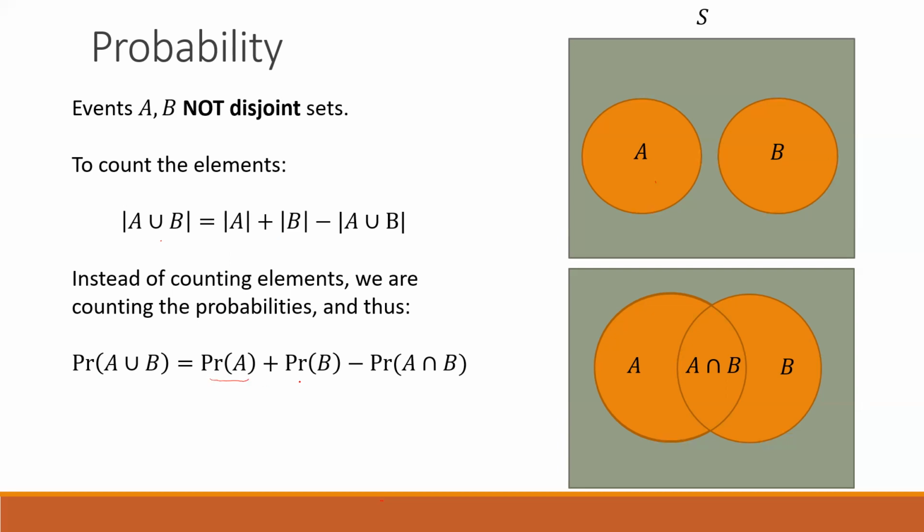So the probability of A plus the probability of B counts the probability of these elements in the intersection twice. So now I'm going to subtract the probability of these elements in order to get the correct probability. All right, questions?